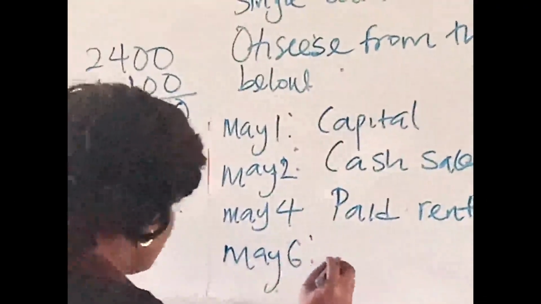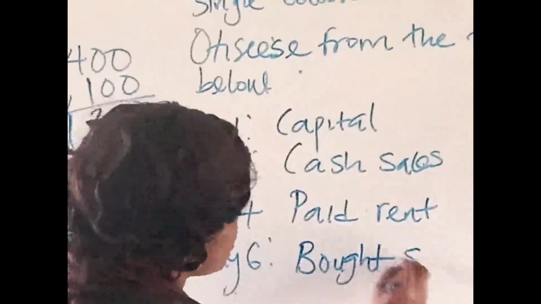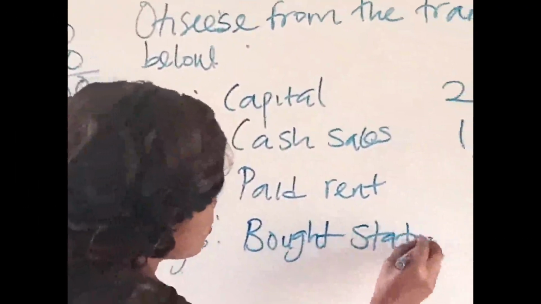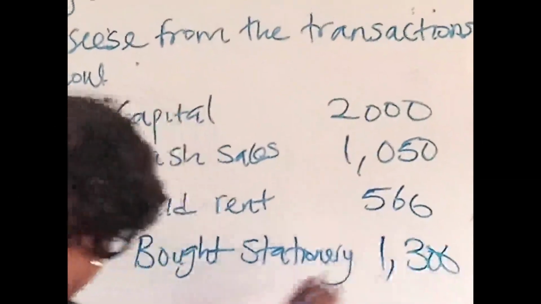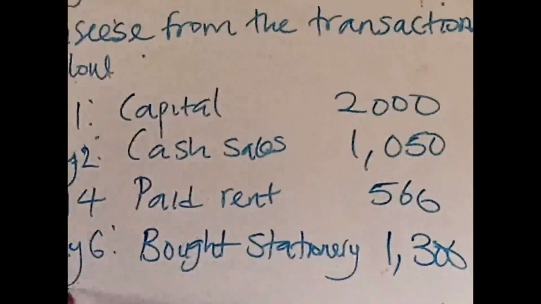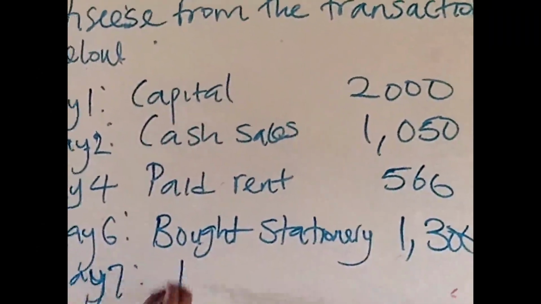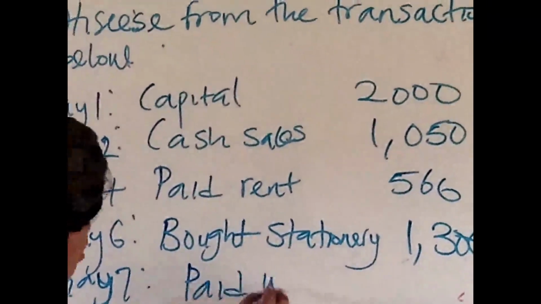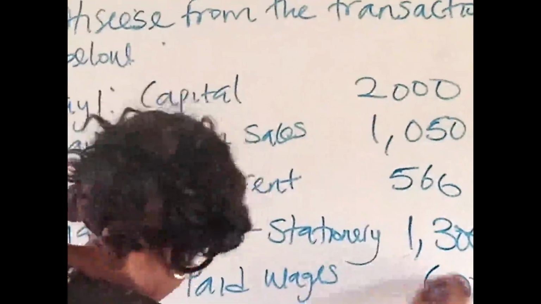May 6, bought stationery 1,300. May 7, paid wages 600 naira.